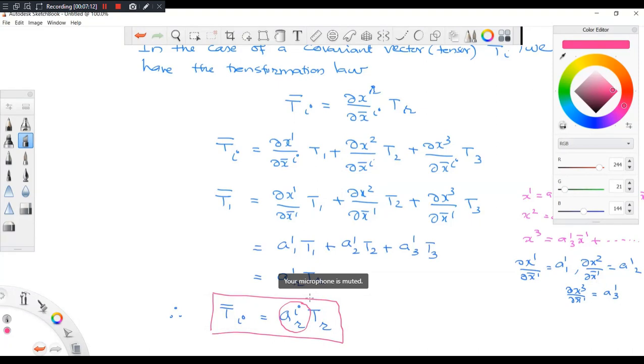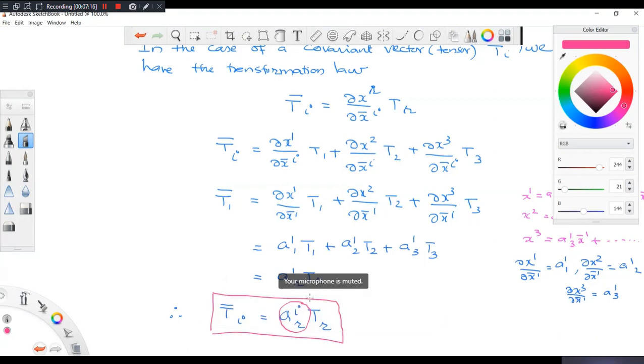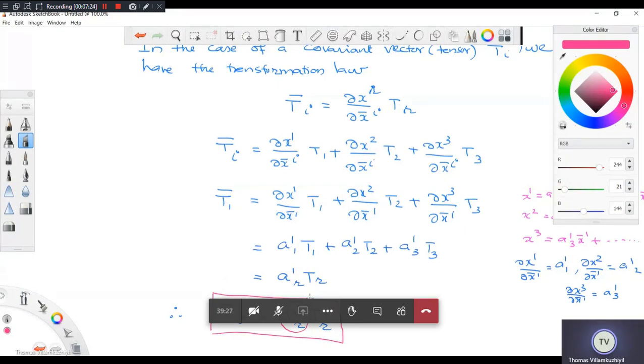So that is why in the rectangular Cartesian coordinate system, you cannot distinguish between a contravariant and a covariant component. They are the same. Okay, the contravariant and covariant distinction changes when you have an oblique coordinate system, which is not an orthogonal Cartesian coordinate system.